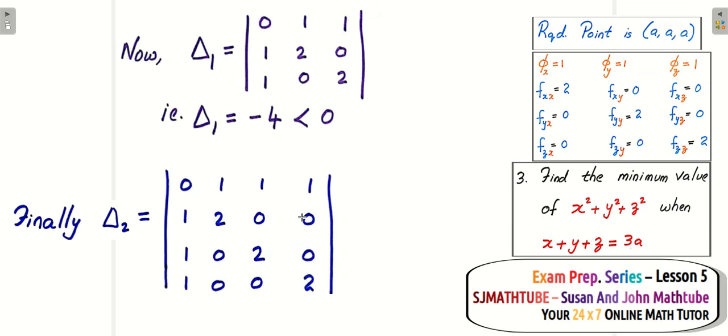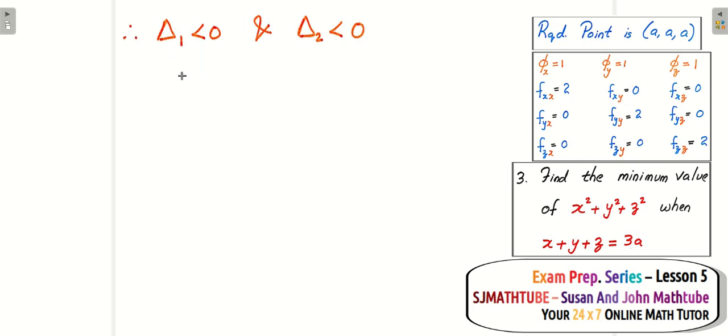Okay, that's it. And use the calculator, and that is negative. So both delta 1 and delta 2 came negative, and that implies our point is the minimum point.